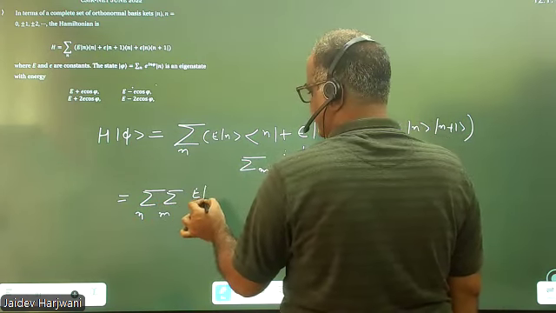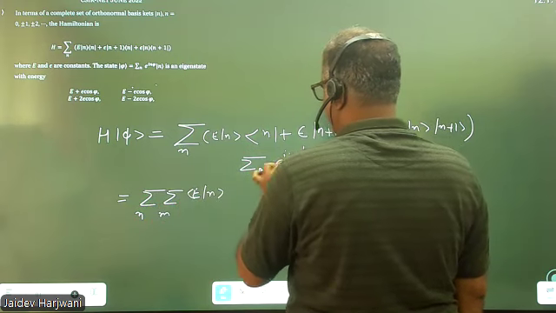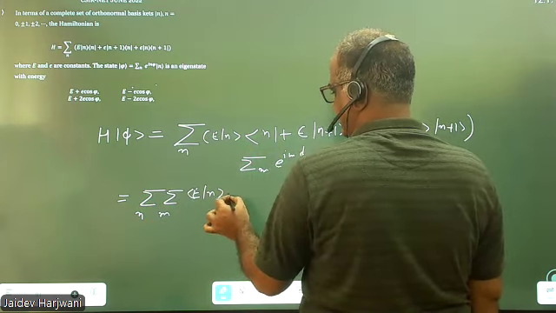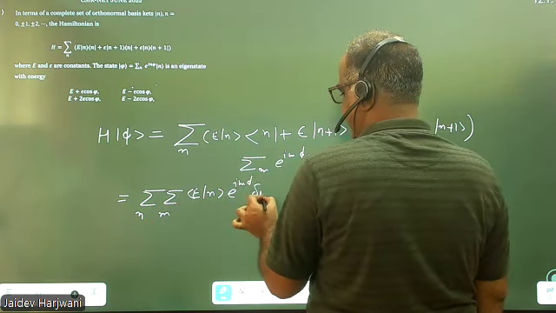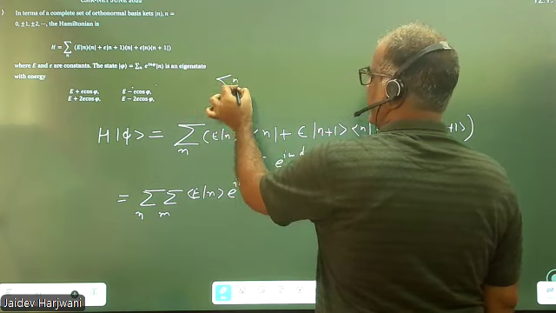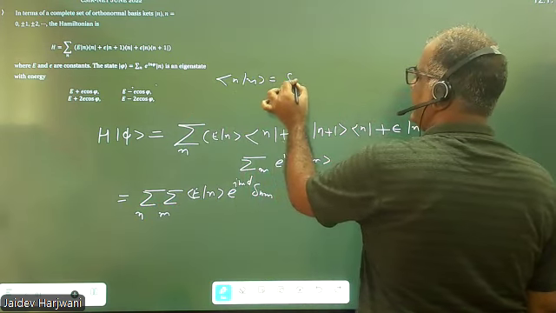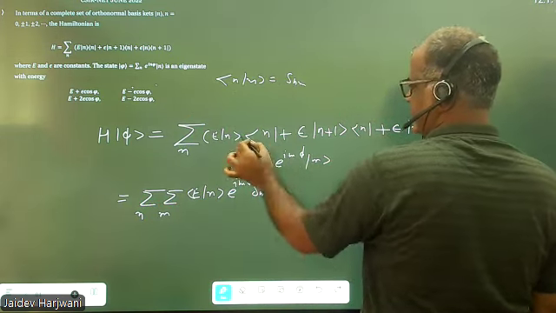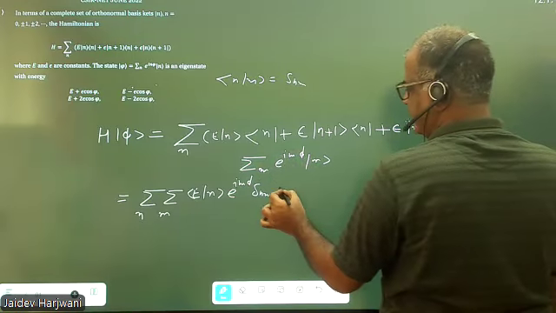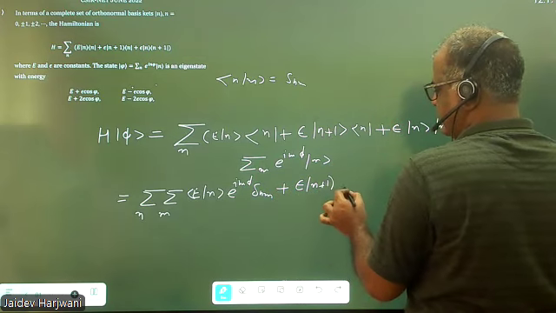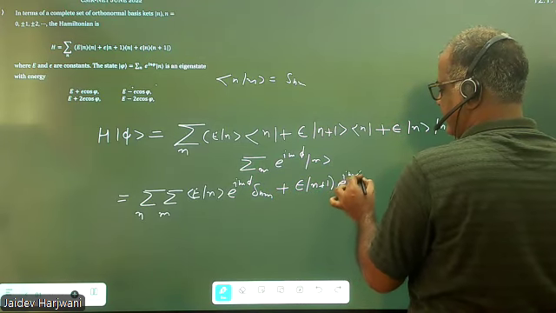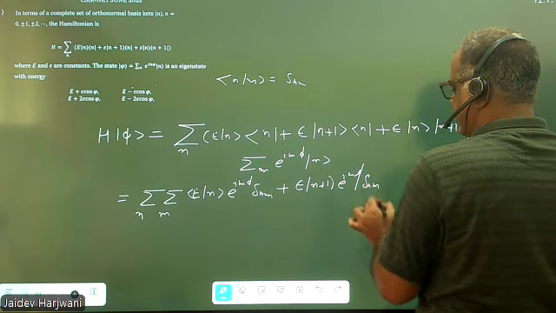You get delta nm. So you have E, e to the power i m phi, and delta nm, and m will be equal to n for the first term. Now you go to the second term, you have E, again e to the power i m phi delta nm.